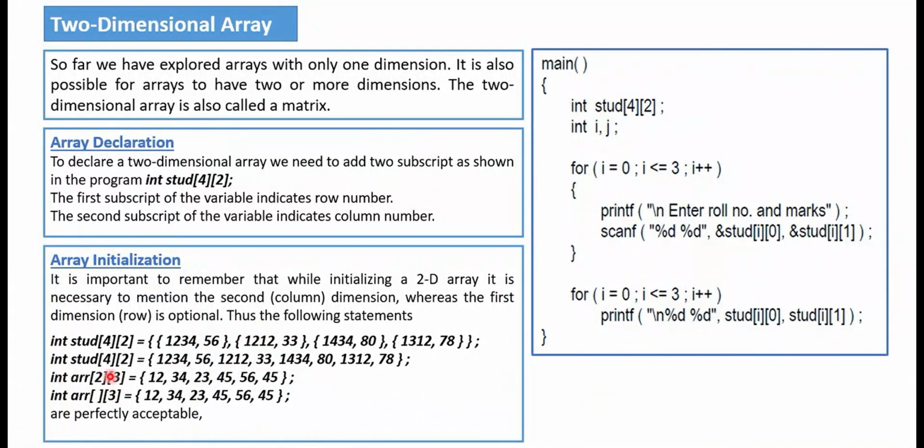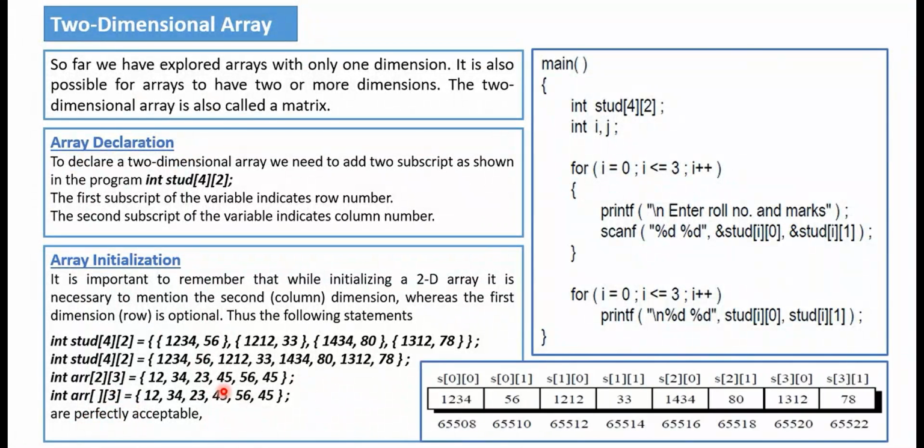Similarly, we can pass the array elements without mentioning the size of row. As we have discussed here, the column dimension is necessary but row is optional. Okay, so you can declare an int array with blank row and 3 columns. Okay, so this is the initialization of an array. Now this initialization will again have the memory map as shown here. The starting address is again 65508, and whatever values are passed sequentially will be added to the next addresses.